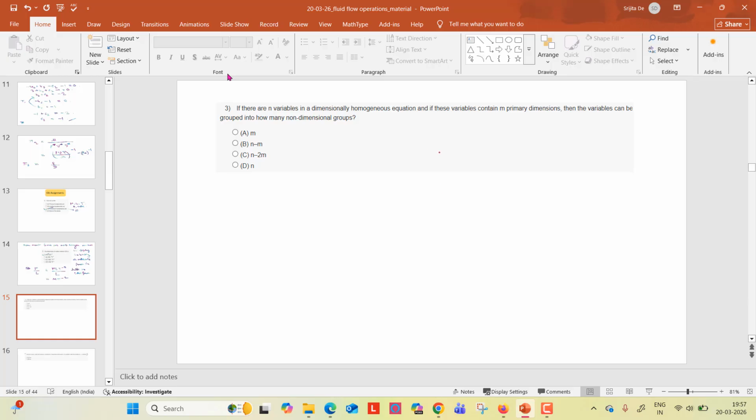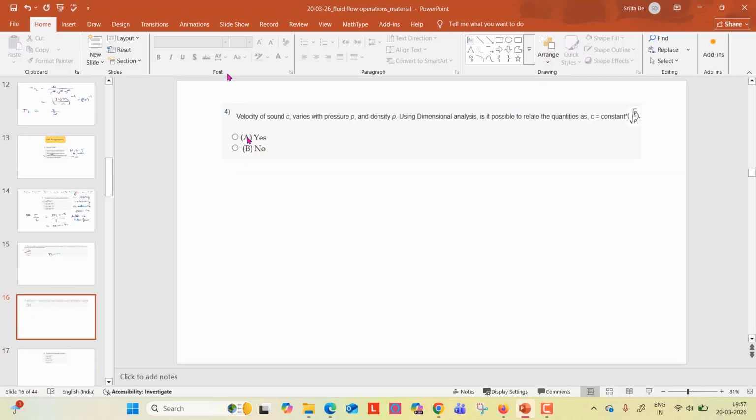It is the Buckingham pi theorem, right? It is n minus m. So it is option B. Next, velocity of sound C varies with pressure and density. Using dimensional analysis, is it possible to relate the quantities as C equals to constant into under root of P by rho?